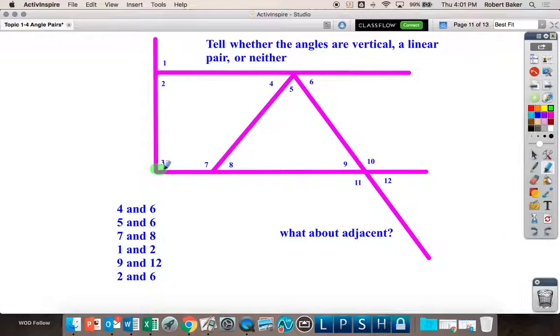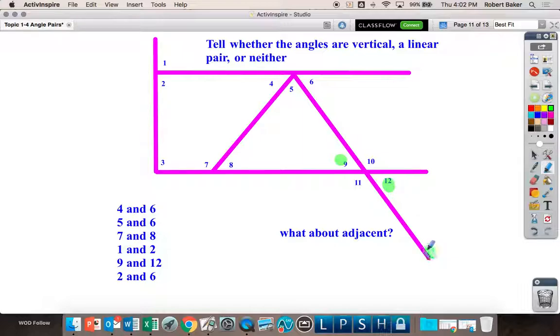What about 7 and 8? Now that's a linear pair. It's 2 angles that make a line. What about 1 and 2? Yes, 1 and 2 are a linear pair. It took you a little longer because I didn't highlight it for you. What about 9 and 12? Vertical angles.